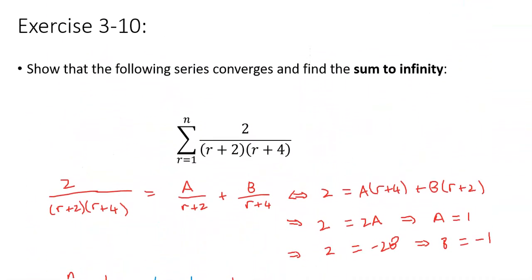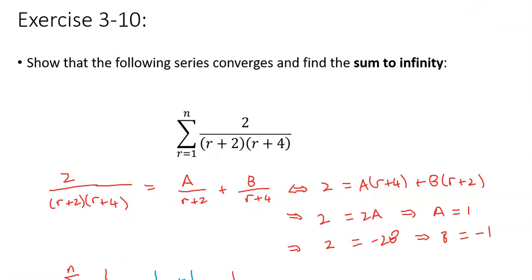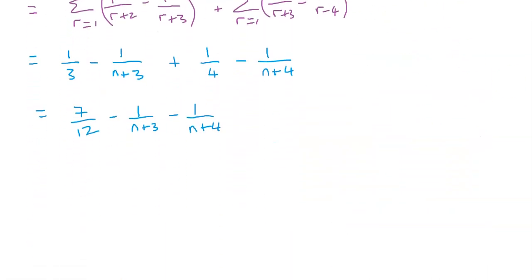And if we wanted to, we could combine it into a single fraction, but all we need to do is show that it converges. And this one converges because this is the sum from r equals 1 to n.